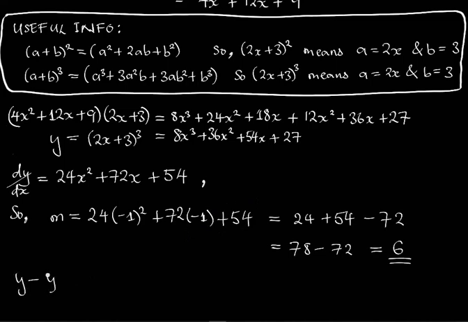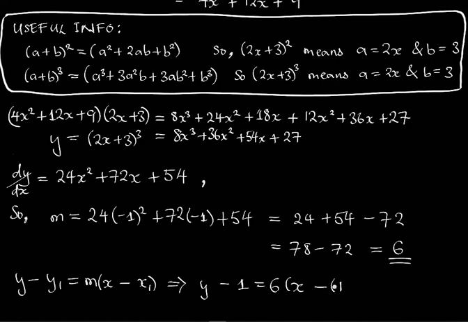Y minus y1 is equal to m(x minus x1), which means that y minus 1 is equal to 6x minus 1.